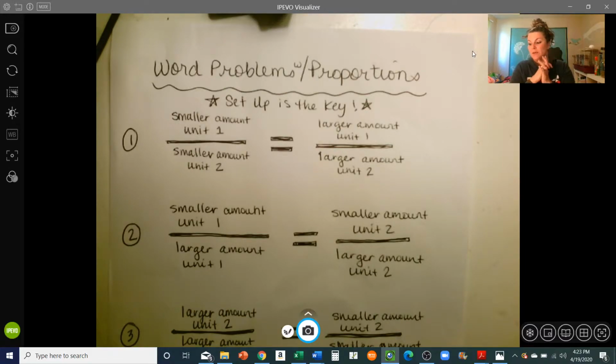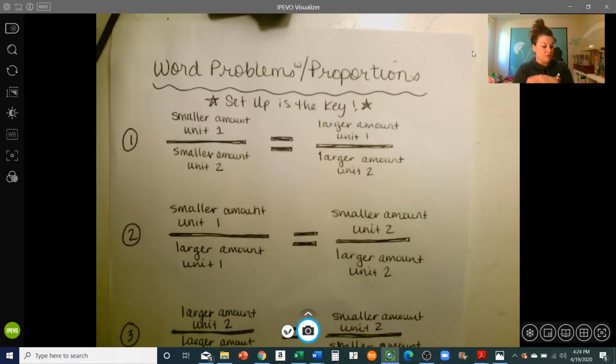All right. So with word problems with proportions, the key is setting it up correctly. There are 4 different ways that you can set them up that work. They all work. It might help you to just always do it the same way.